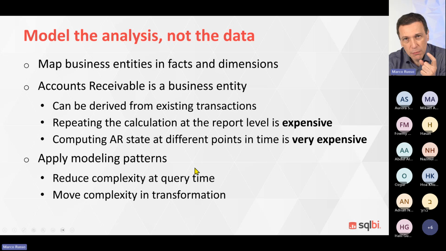So the idea is that we want to reduce, one, the complexity of the calculation, because we want to write a lower amount of DAX code first. Second, we want to improve the performance by reducing the complexity of the calculation at query time, moving some complexity into the preparation of the data. So preparing the data could be slower, could be more complex, and we accept that.